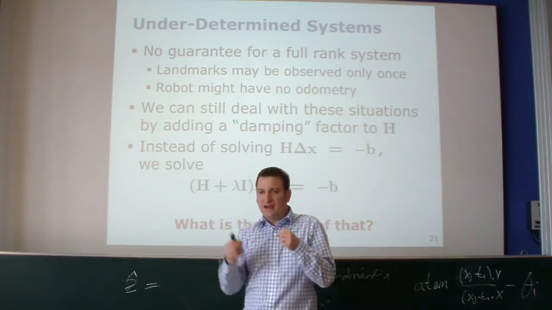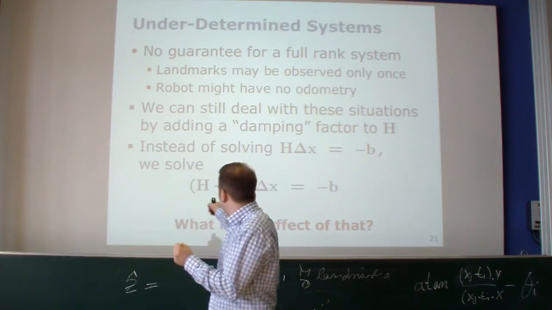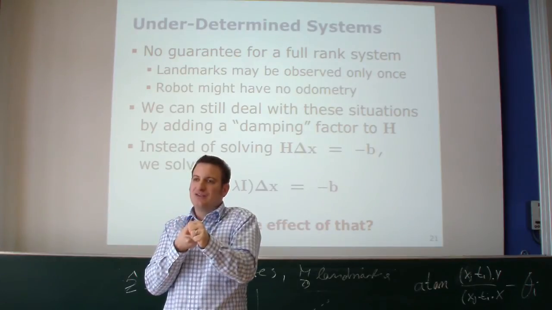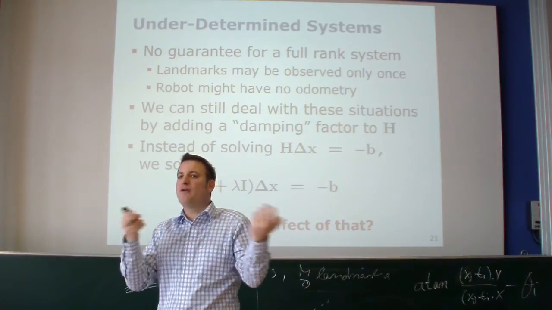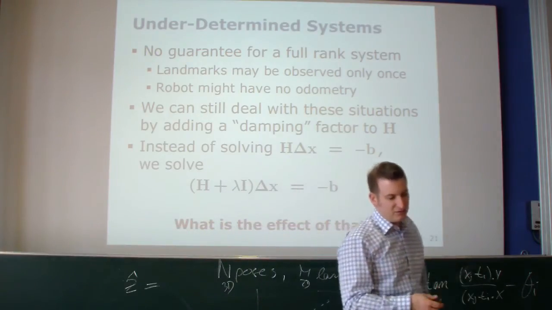So this means I kind of say, don't change too much. I add a certain constraint. The smaller lambda is, the smaller the influence of this constraint that keeps the system in its location. And then by combining those, I hope to find a valid solution for the old system.